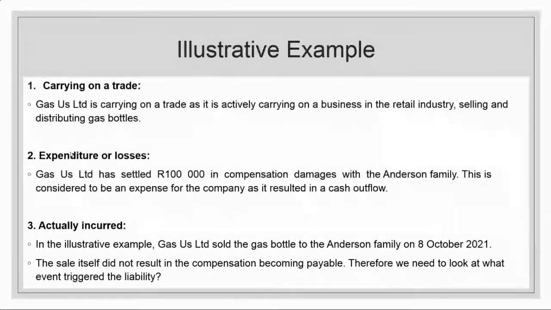Now the question is, has it actually been incurred? Now if we look at this illustrative example, they've sold the gas bottle on the 8th of October already. The sale itself does not actually result in the compensation becoming liable. We need to look at what actually triggered the liability.